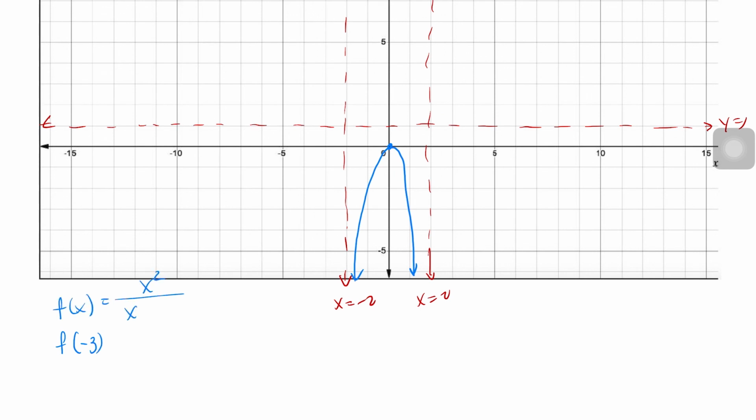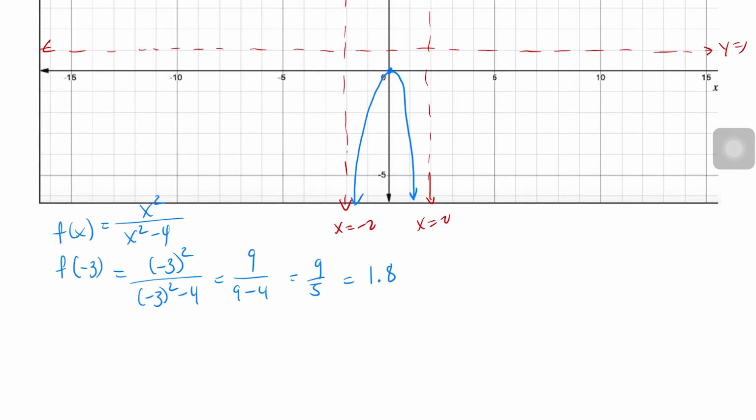To do that, all we have to do is plug in any point on the graph. So look at the function, x squared over x squared minus 4, and plug in -3. That gives us 9 over 9 minus 4, which is 9 over 5, which is roughly 1.8.